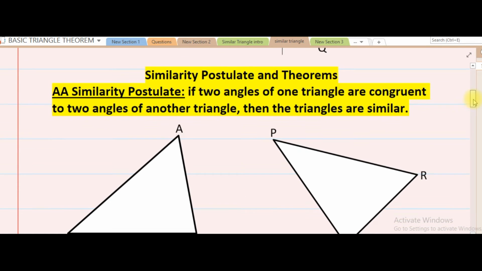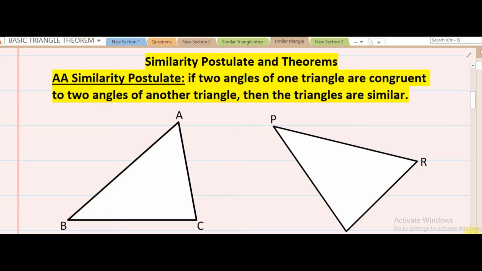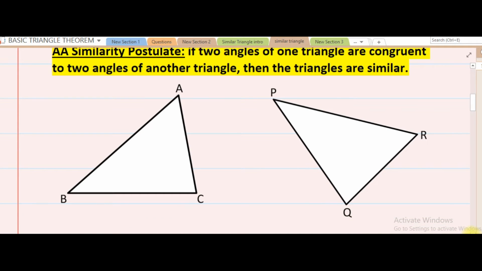The first postulate, the only postulate we have here, is the AA similarity postulate. It states that if two angles of one triangle are congruent to two angles of another triangle, then the triangles are similar.